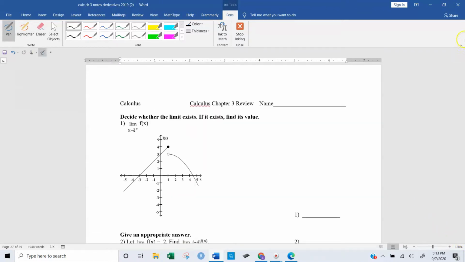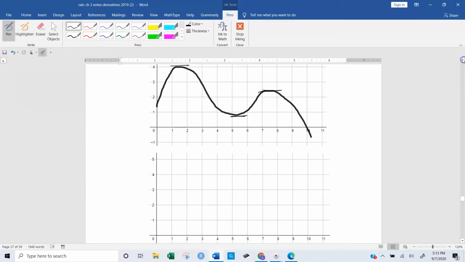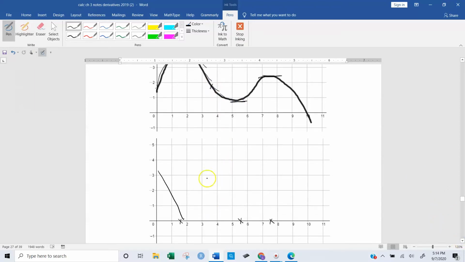We're going to put a 0 at 1.5, another 0 at 5.5, and another 0 at 7.5. The first thing I graph: this is a positive slope, a fairly steep positive slope, until I hit 1.5. Then these are all negative slopes, turning at about 3.5, and then it starts to flatten out again.